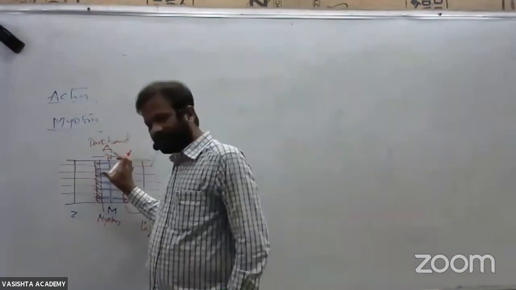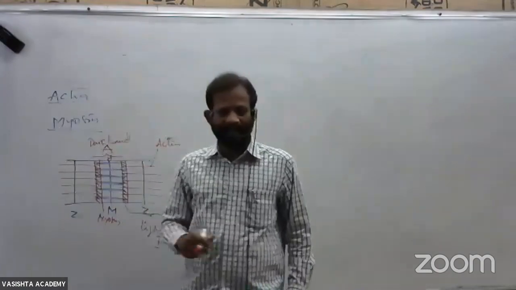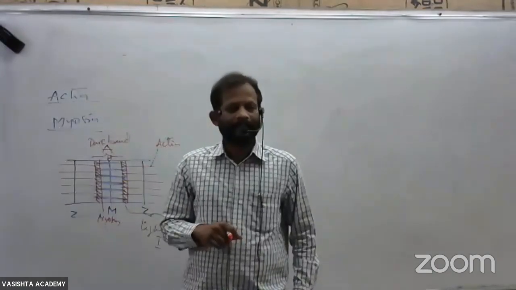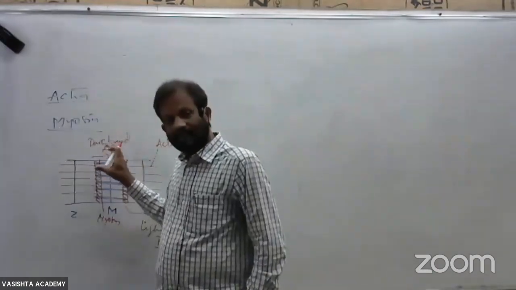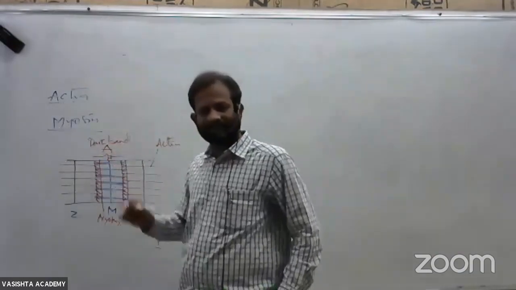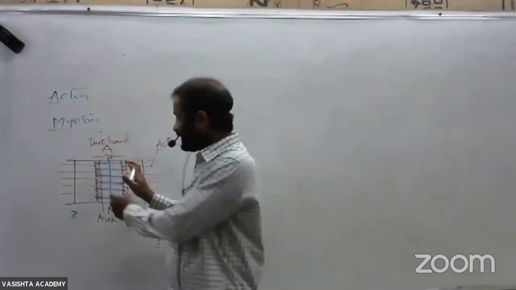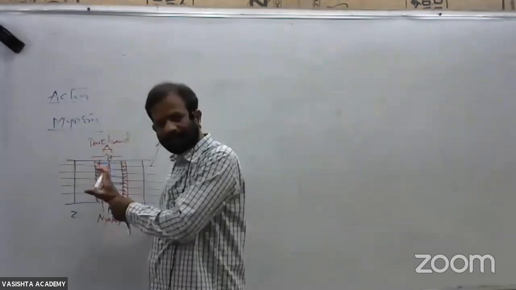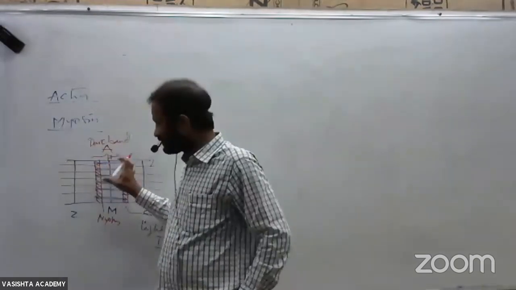So what is H zone? That is a central part of dark band. That H zone lacks actin filaments. On either side of that H zone, in the dark band, both actin and myosin filaments are present.